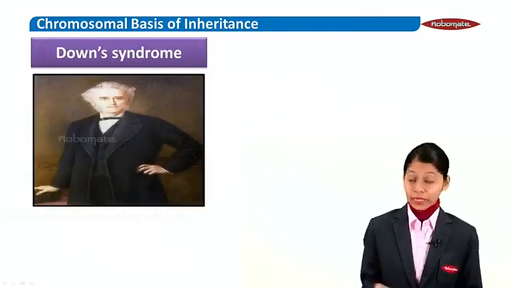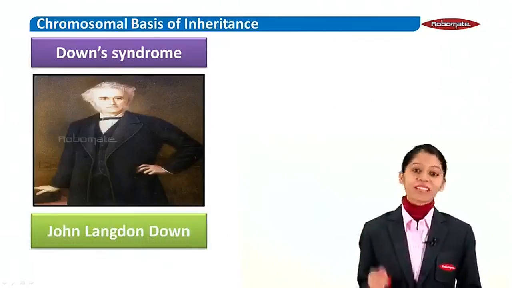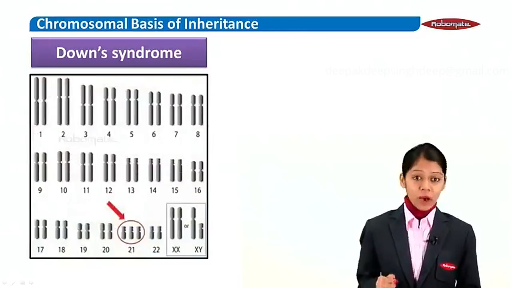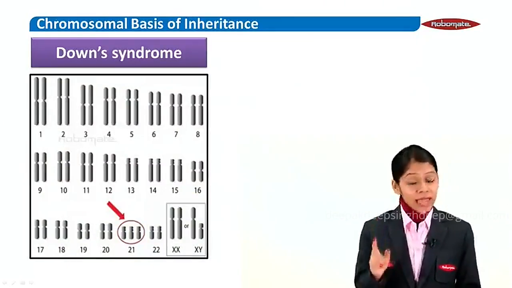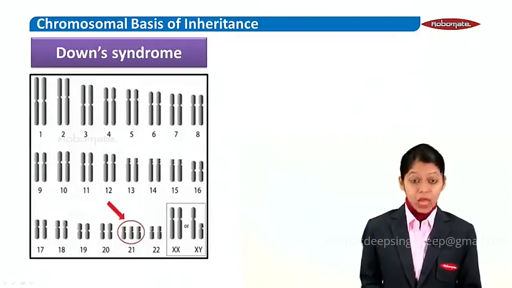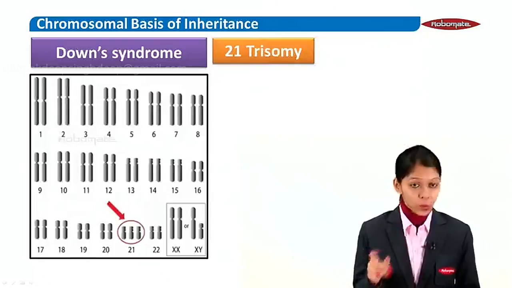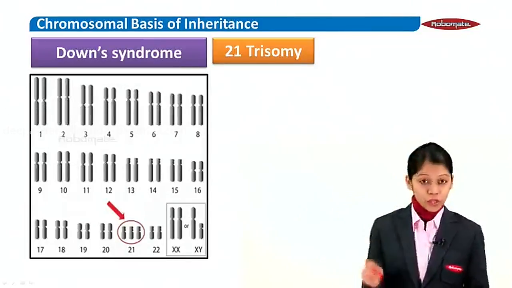If you can recollect this eminent personality, he is also known as John Langdon Down. He found out that a chromosome was extra in the samples that he was observing, and that chromosome was chromosome number 21, and he called that 21 trisomy.